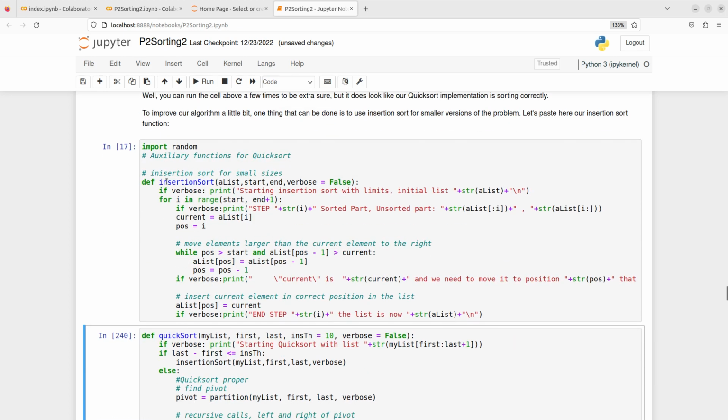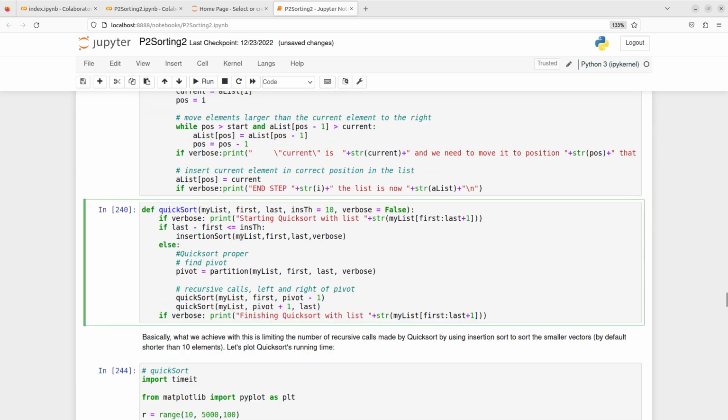In this case, we will use insertion sort because we have it from a previous session for small instances of quicksort. So I have modified my code very slightly so that if the length of the list that I'm sorting is smaller than a threshold that I'm going to set at 10 by default, this is default parameter declaration in Python, again, we saw this a while back. So if I'm under 10 or under any other threshold that I have given for the length of my list, I will call insertion sort. It's n squared, not very efficient, but for small lists, it's okay.